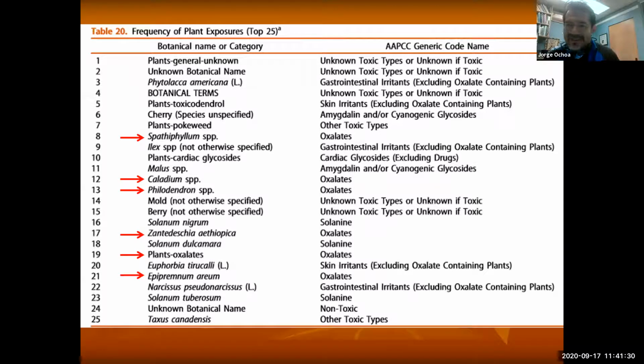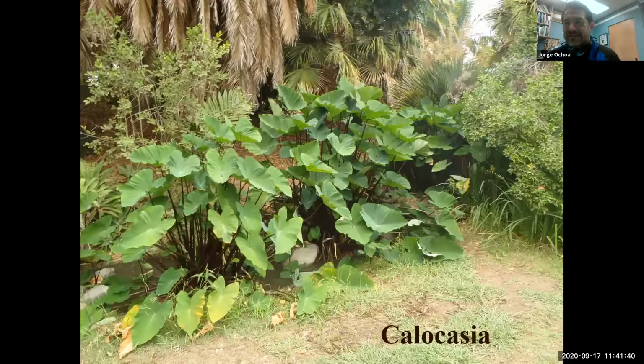Some unknown plant, because doctors don't know plants, but they found the oxalate, the calcium oxalate crystal, probably guilty, member of this plant family, yes. So many of the plants that cause annual visits to the hospital because of poisoning are going to be members of this family. So just be aware of that.